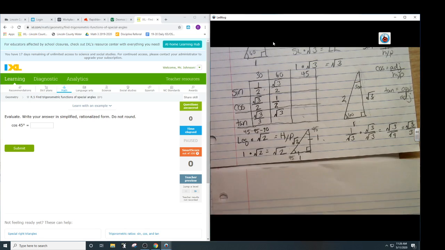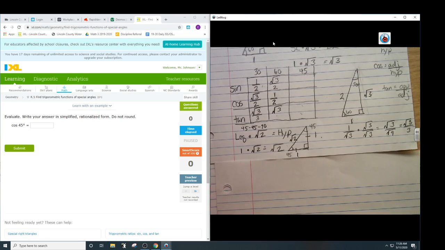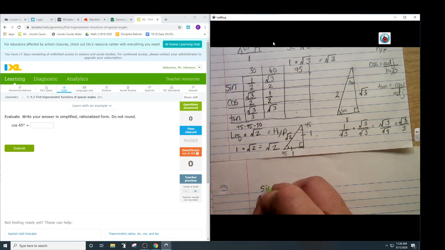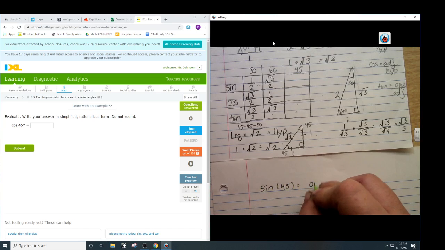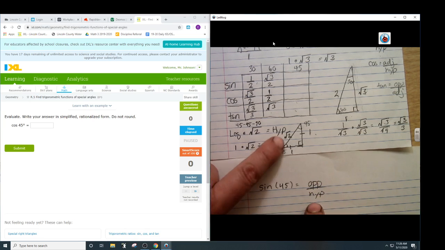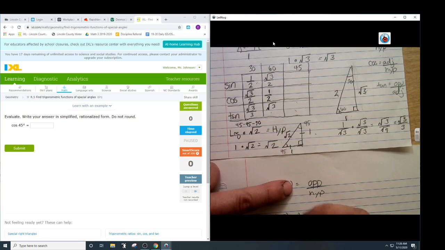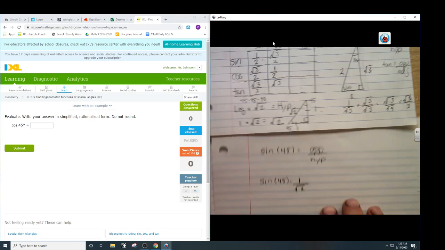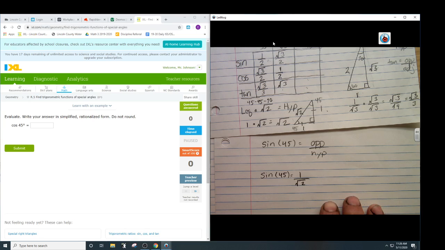Okay? Now, the sine of 45 equals opposite over hypotenuse. All right, so now, using this one, it says the sine of 45 equals 1 over the square root of 2.